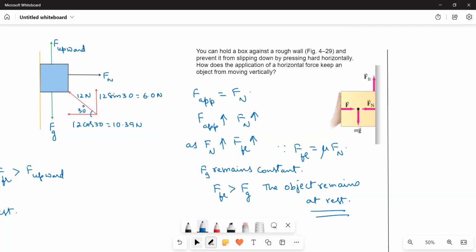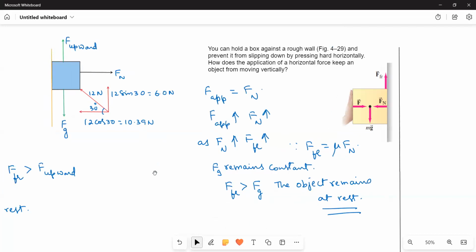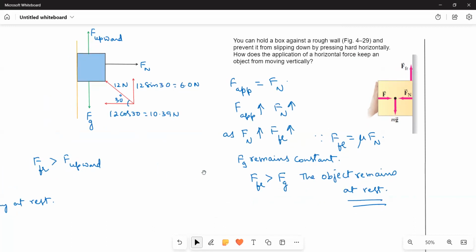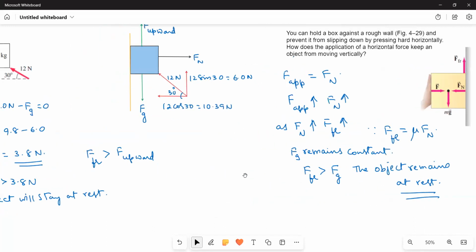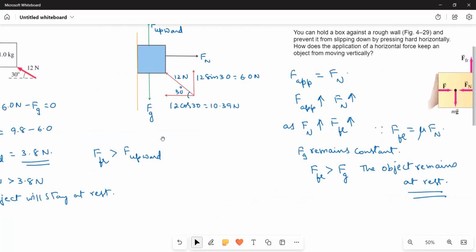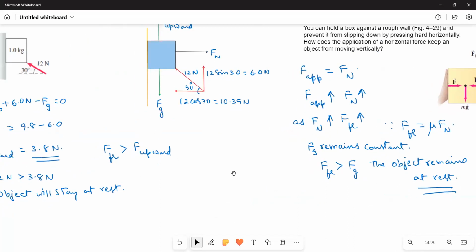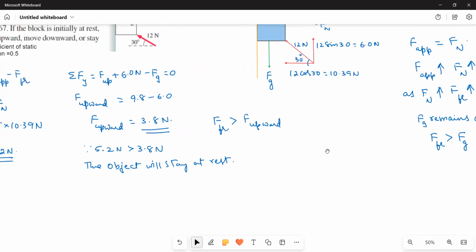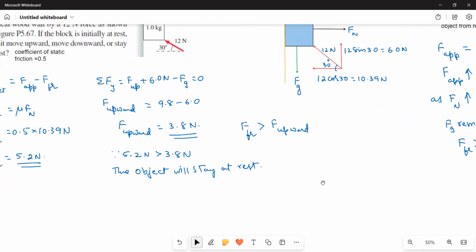Okay, understood the concept? See, the two cases I discussed: one is pushing against the wall directly, another is applying the force at an angle. In both cases, the frictional force must be greater than the weight, Fg. That is why then only it will stay at rest.